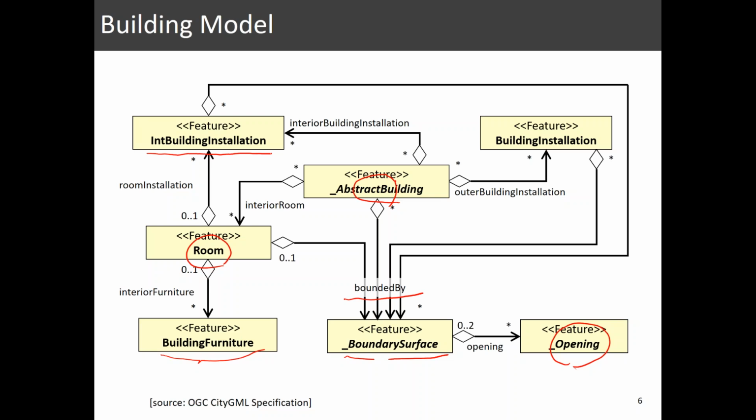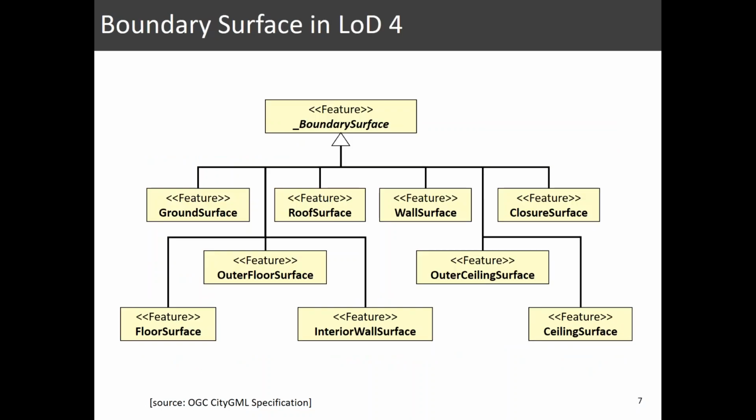Likewise, we can define a building installation which is installed outside of the building, like a veranda or outside stair and so on. So these are very basic feature types defined in a building model of CityGML. So we may define such features in an indoor space.